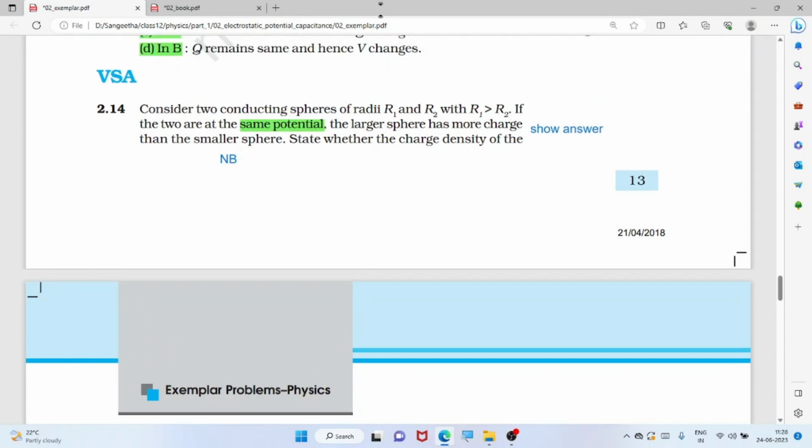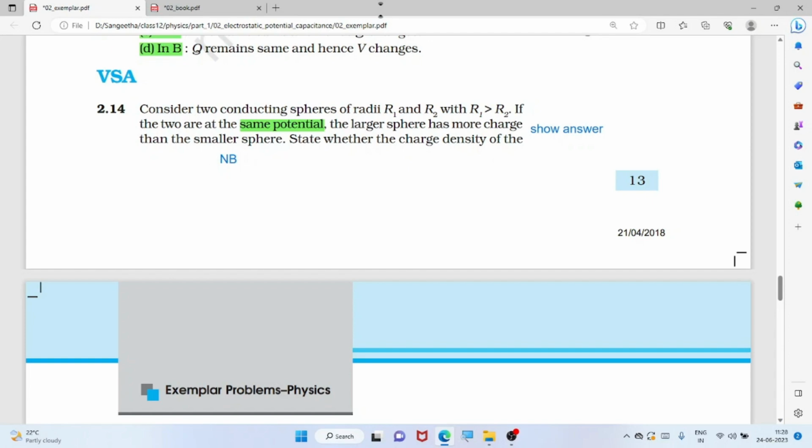Consider two conducting spheres of radii R1 and R2, with R1 greater than R2. If the two are at the same potential, that is important. Same potential means V equals Q by 4 pi epsilon not R. With the same potential and R1 greater than R2, the larger sphere has more charge than the smaller sphere.